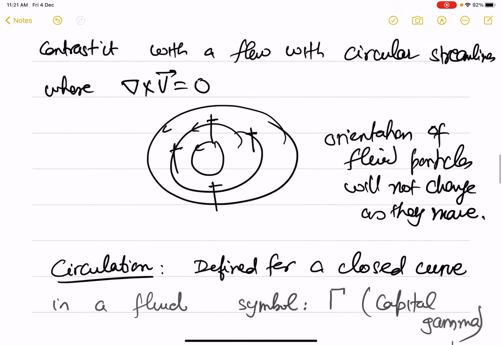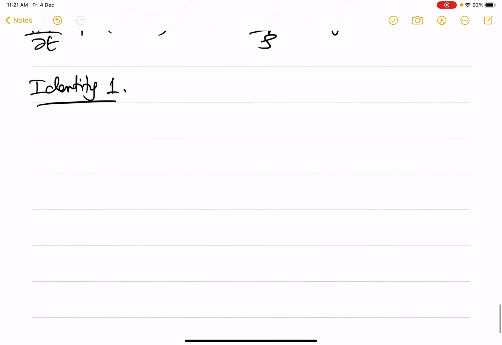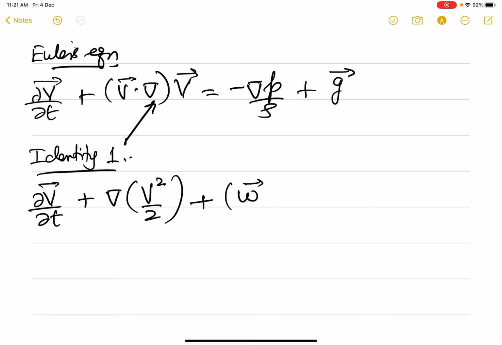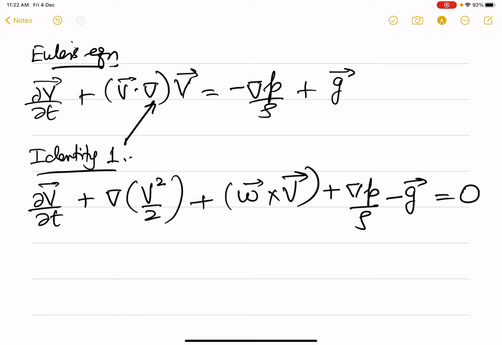So now when we put identity 1 in for this term, what we get is partial V by partial T plus gradient of V square by 2 plus omega cross V. There was a minus sign, but we have interchanged V cross omega by omega cross V, and then we take this on the other side, plus grad P by rho minus G is equal to 0.